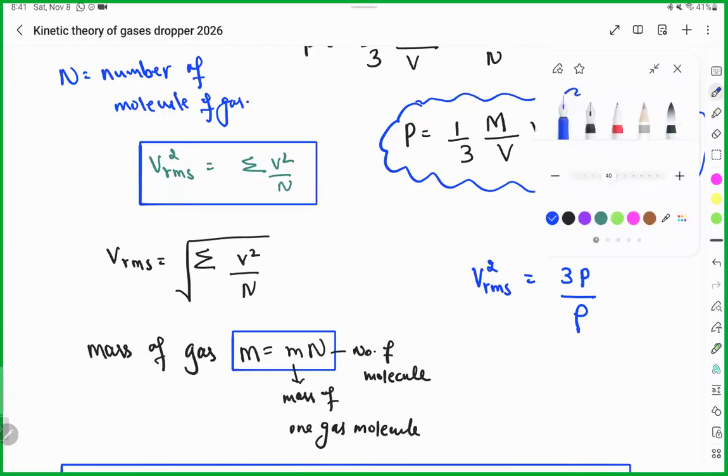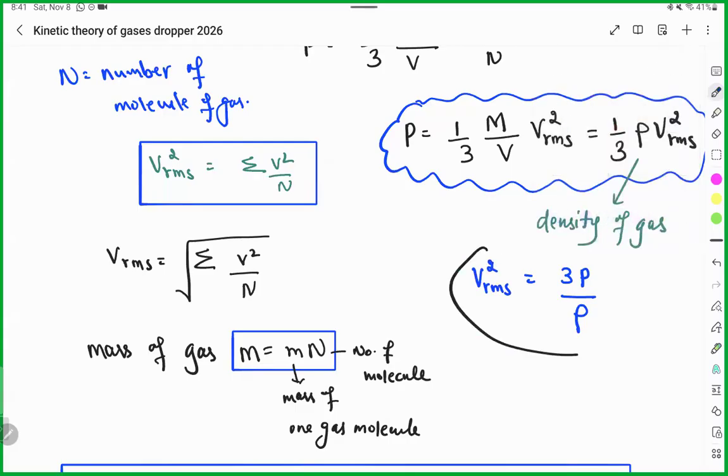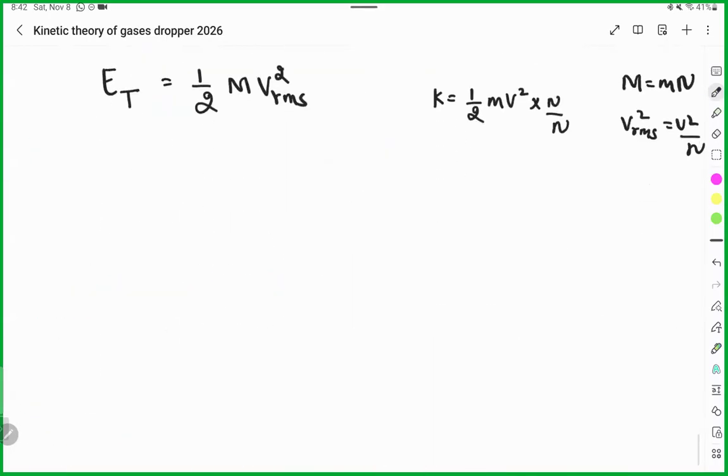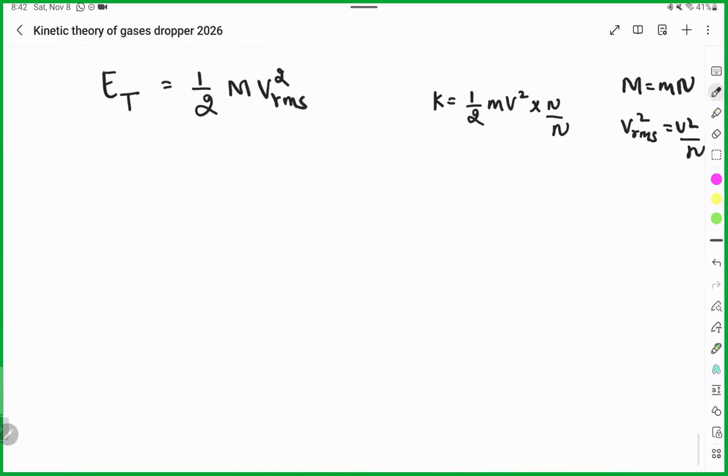Yes or no? Yes. So this is what, people try to remember all the formulas. You can't. So remember the minimum formulas and then convert one form into another form. So this VRMS square is equal to 3 P by rho.